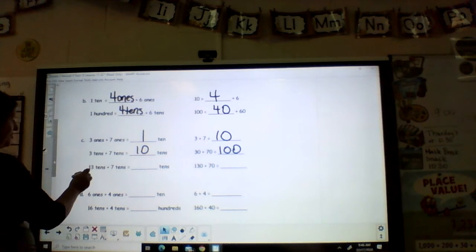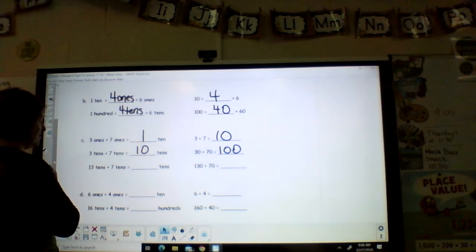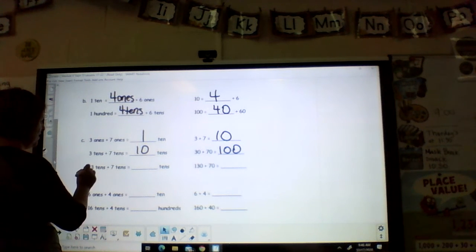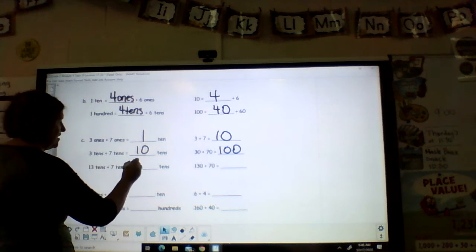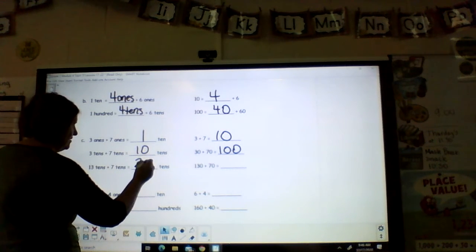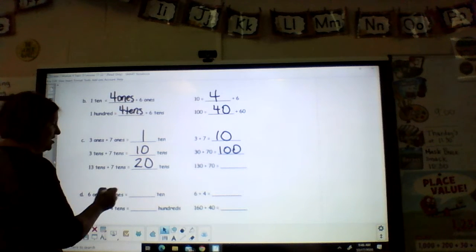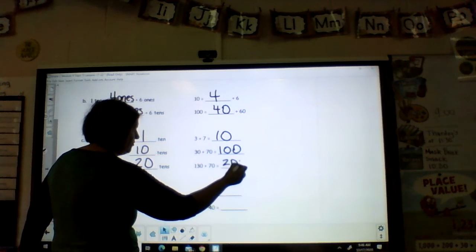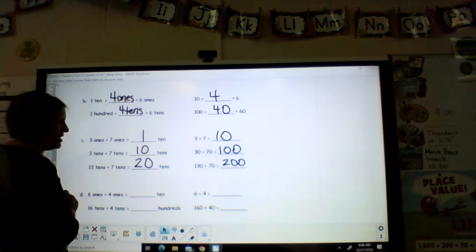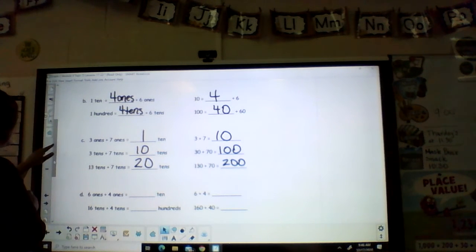Now we have 13 tens plus 7 tens. Well, I know that 3 plus 7 is a stick of 10, plus another stick of 10 would be 20 tens. 130 plus 70 is 200, because 20 tens would be equal to 200.